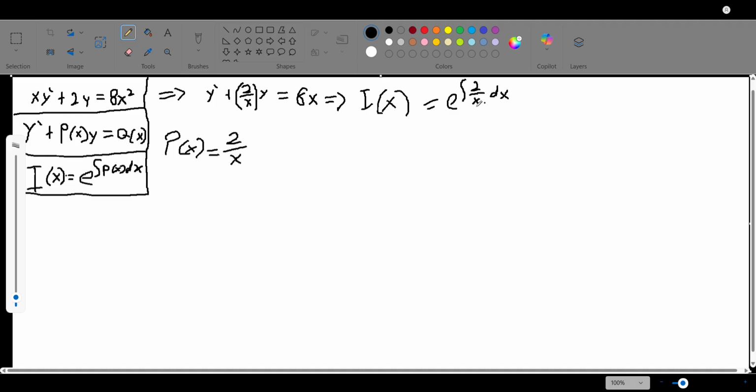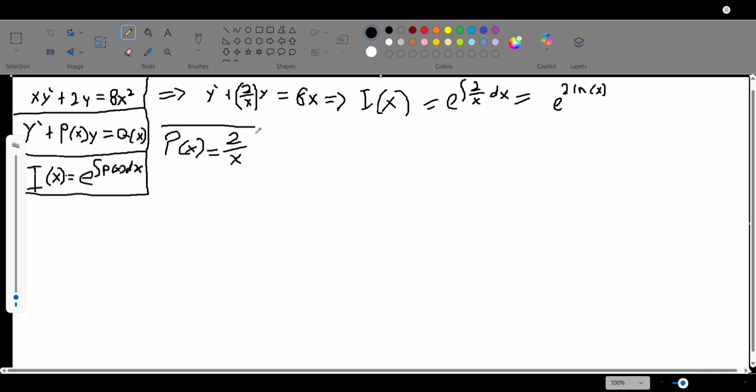And the integral of 2 over x is just 2 ln x. So we get that it's equal to e raised to the 2 ln x. And in the last video, I told you how when e is raised to a natural log, it's going to cancel. And whatever coefficient you have in front of the natural log is going to become the exponent of whatever is inside the natural log.